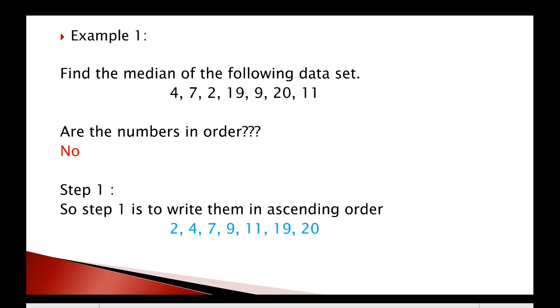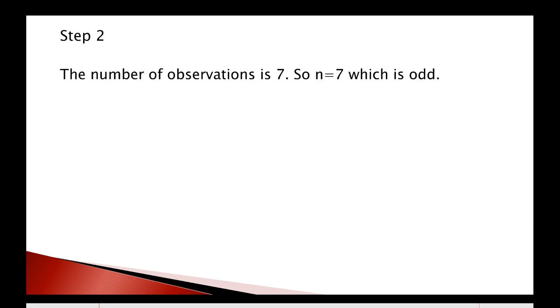So the number of data points is 7 and it is an odd number, so we should be able to find the median exactly. Median should be at the position (n plus 1) divided by 2, and n is 7 right now. So 7 plus 1 divided by 2. The answer is 4th position.